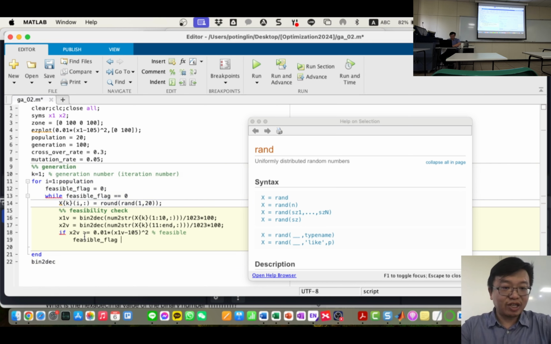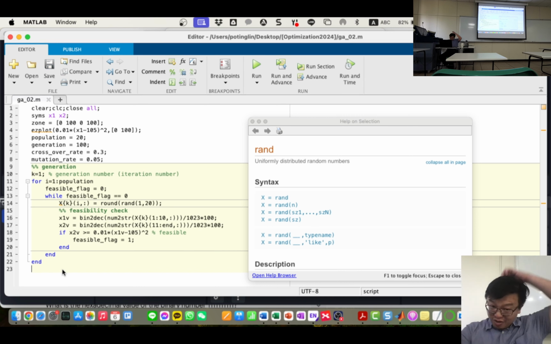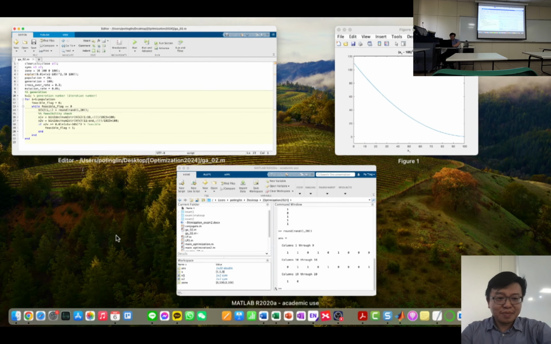Right? If it's feasible, then the flag equals 1. And once you see the flag equals 1, when you go back to here, it's feasible already. Then the while loop finishes. So it will go back and generate another chromosome. Okay? So let's take a look.